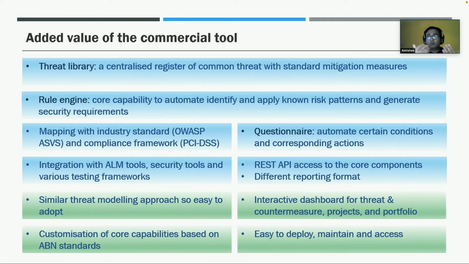And for us, it was a similar approach to what we were teaching to the teams in our previous approach, STRIDE and all those things. So the flow in the tool was the same as what we were teaching in our training. And there's an interactive dashboard for threat and countermeasure projects and portfolio which gives us a centralized view.